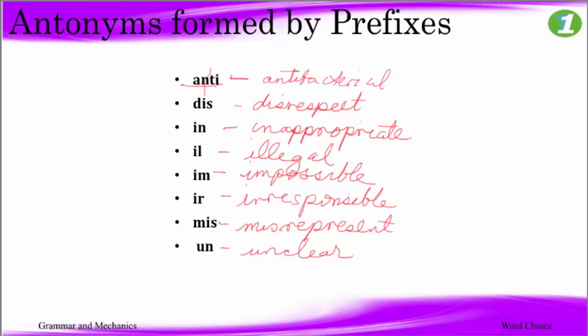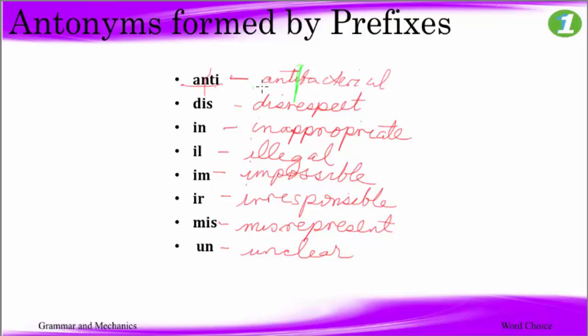Now, notice these prefixes, let's separate them a little bit so that you can see how they're functioning. Anti, when added to bacterial, means that it is no longer bacterial, meaning that it is fighting any bacteria that exists.